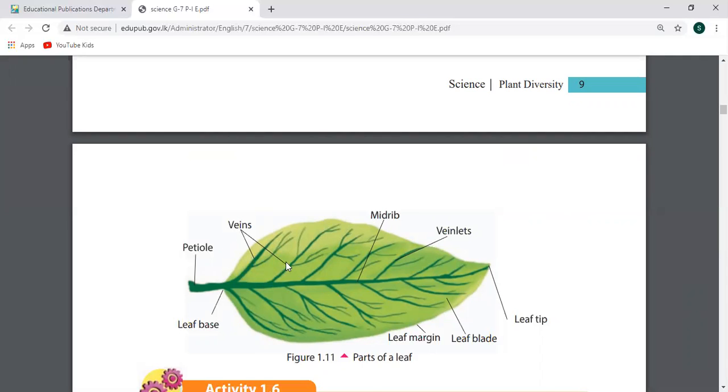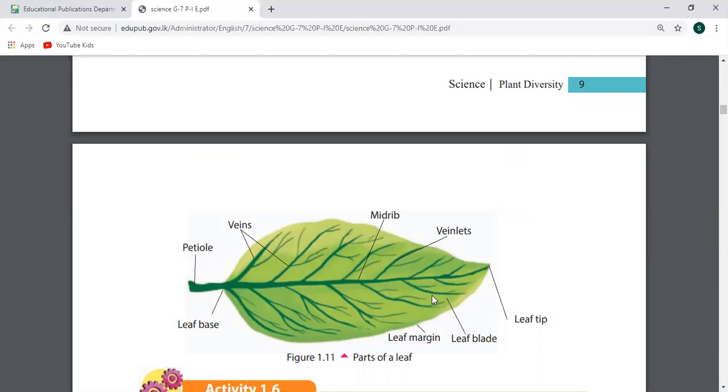These are the veins, and veinlets are these. This is the midrib, the middle part of the leaf, so it's called the midrib. Here is the leaf tip, so the tip of a leaf is called the leaf tip.